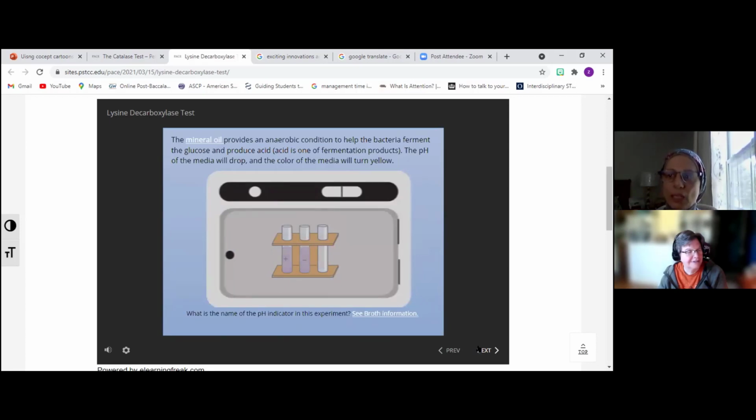The analysis slide explains the invisible biochemical reaction in the tube and the pH indicator's role in changing color based on the fermentation product.